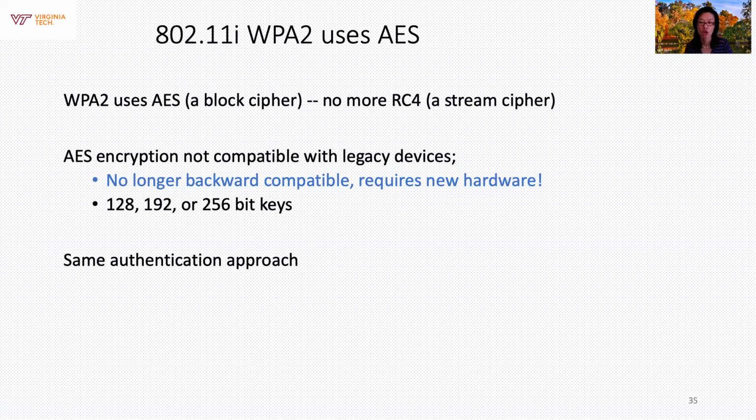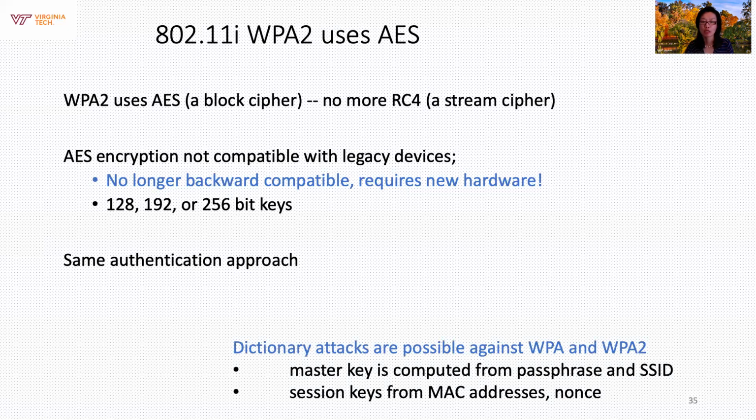The right algorithm is no longer a stream cipher, it's a block cipher, and you support much longer keys and authentication. EAP still continues, but it's a brand new algorithm, WPA2. So if you're able to use WPA2, do choose it.